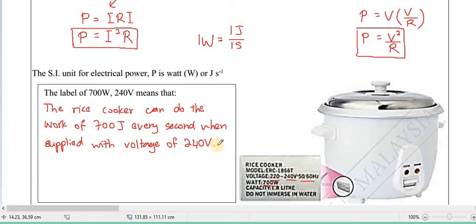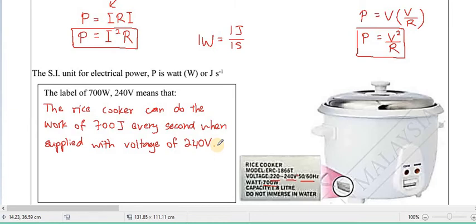It means that if the rice cooker gets the power supply of 240 volt, it can function with the power of 700 watt. This is what we call normal function. So if the rice cooker gets a voltage less than 240 volt or more than 240 volt, then it cannot function normally.